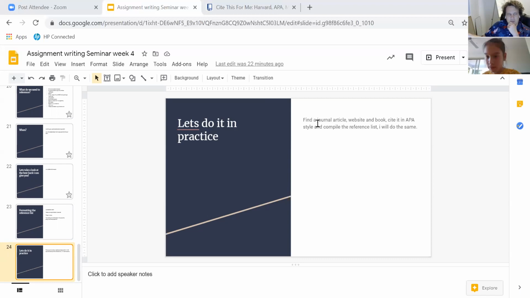Then I'll show you a perfect example next week when we start. Everyone can do that? So, one of each: article, website, and a book, and cite it in APA style and compile the reference list. Or if you want, do it in Harvard. It's up to you. And then flick it through to me on email.